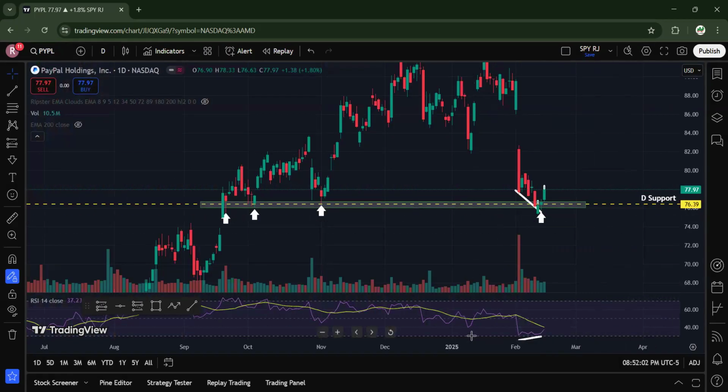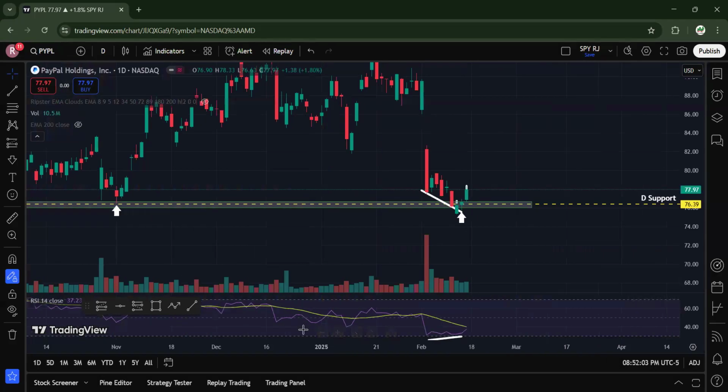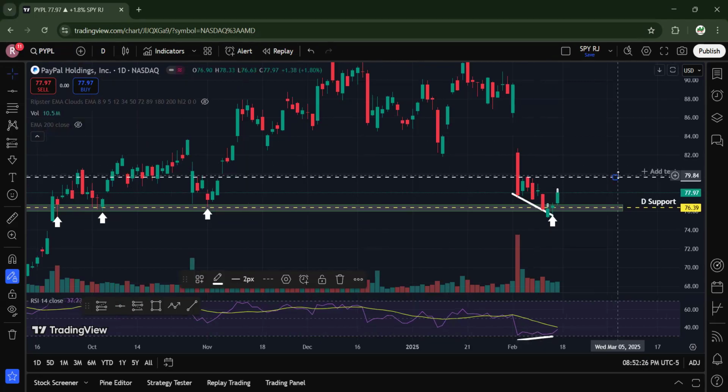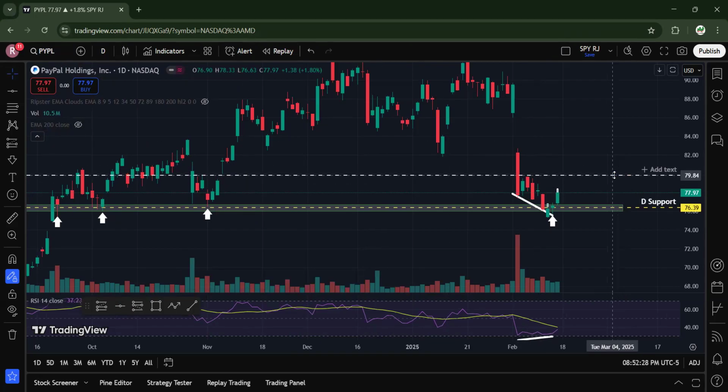All right, so let's talk about some targets. I see we had a question about targets here. That's a great question. Targets are always for me gonna be at the levels. You don't always have to hold to the levels. If you like to do percentage, you can do that, but I like to do levels. So some targets here could be the top right here, which is right around 80.